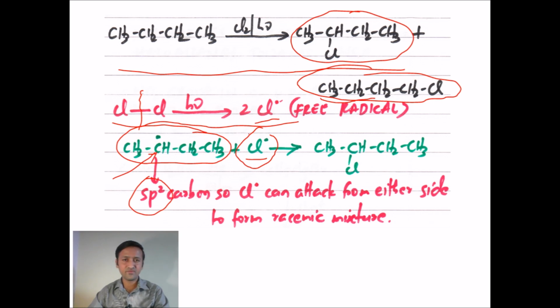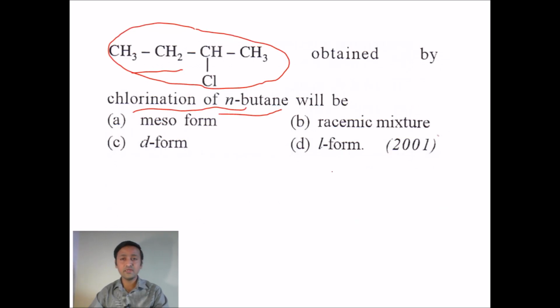So it can attack from the front side as well as from the back side. If it attacks from both sides, we'll get formation of an equimolar mixture of dextro and levo rotatory forms. The equimolar mixture of dextro and levo rotatory substances is said to be a racemic mixture. So in this reaction, as it involves a free radical, it results in the formation of a racemic mixture. The right answer is option B.